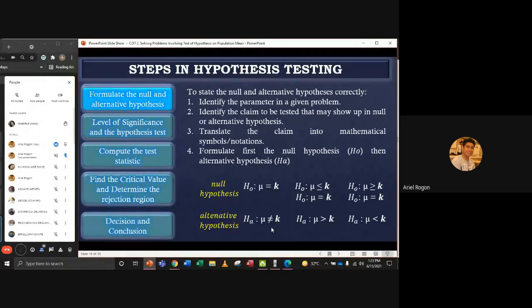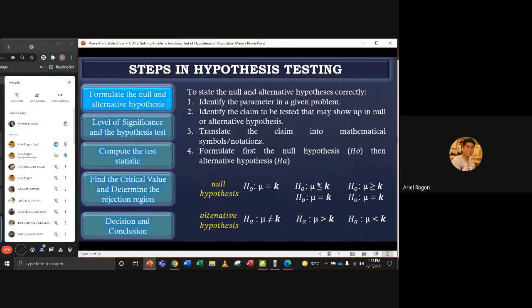But if your alternative hypothesis is greater than, contrary to the greater than, the symbol we use is less than or equal. And if it is less than, you can use greater than or equal. But as I said last time, what we commonly use is the equal symbol.